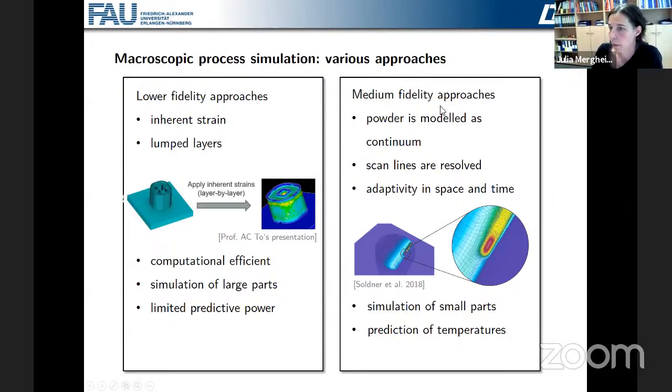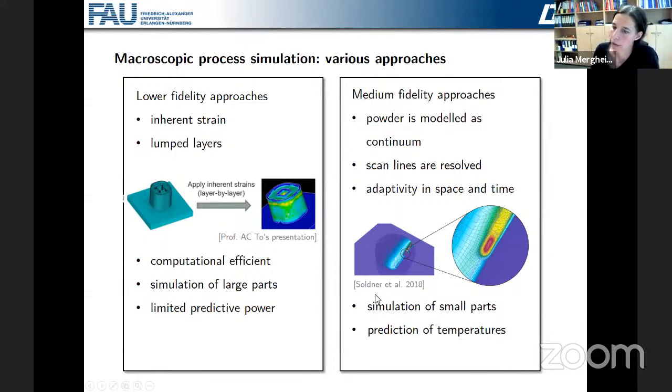So on the other hand, we have medium fidelity approaches where the scan lines are resolved. So that is shown here. Due to the different length scales, we still need to have adaptivity in space and time to be able to do, let's say, simulations at least of small parts and not only of single lines.